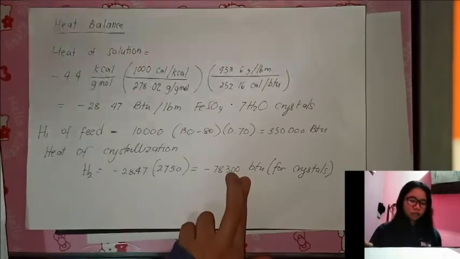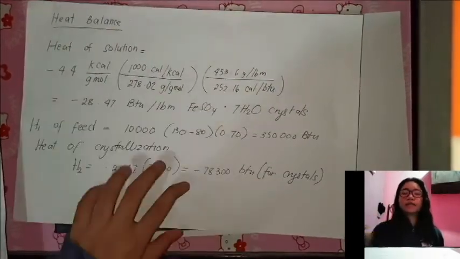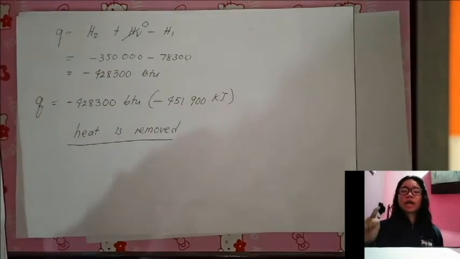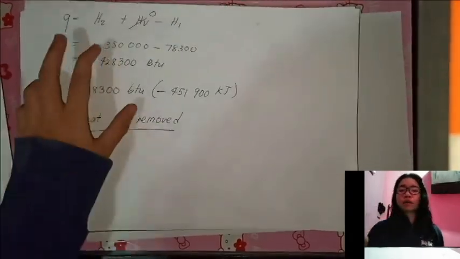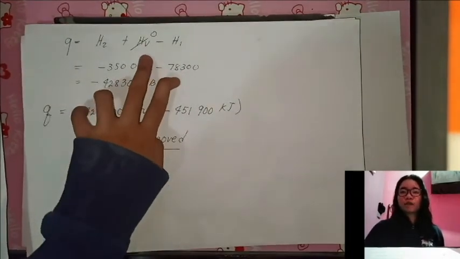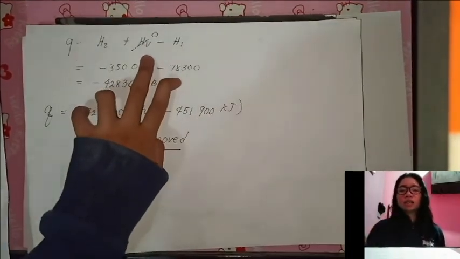Solving for the total heat absorbed, Q equals H2 plus HV minus H1. HV is our water vapor. It is assumed in the problem that no water is vaporized, so we cancel the HV.